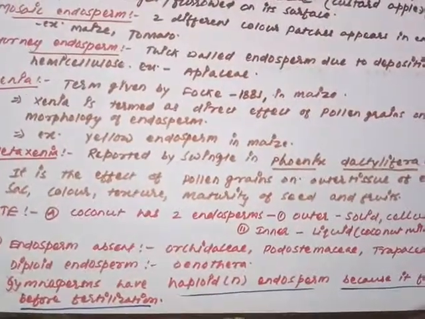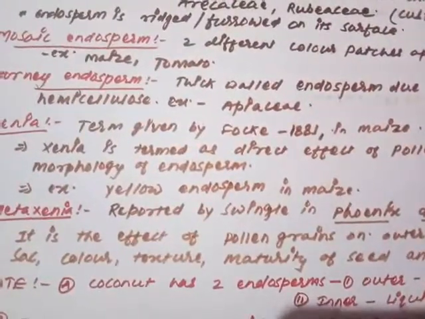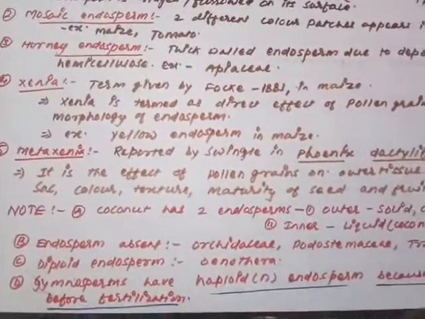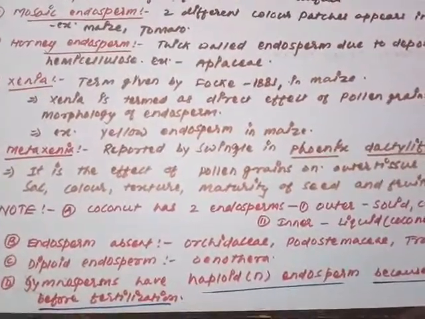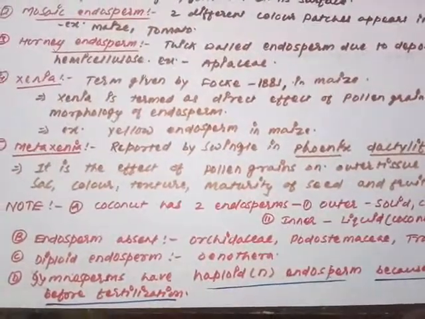Whenever the dominant and recessive genes come together, they control the color of the endosperm. So this is the genetic event present in the pollen grain. So yellow colored endosperm in the maize plant is the effect of pollen grain on the external morphology.